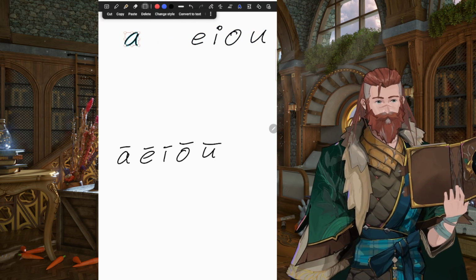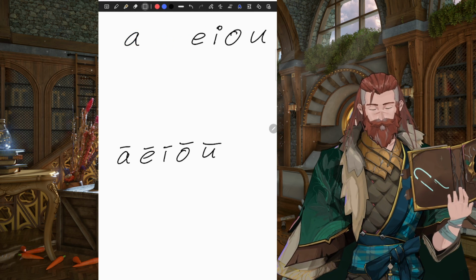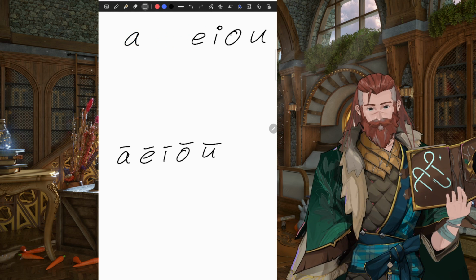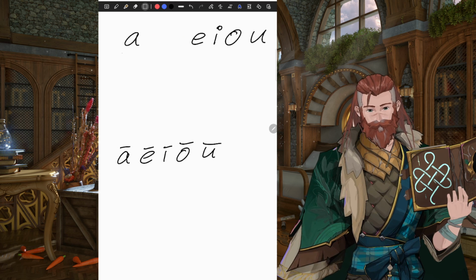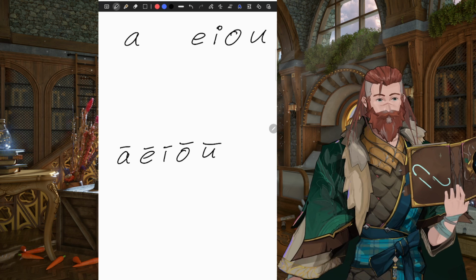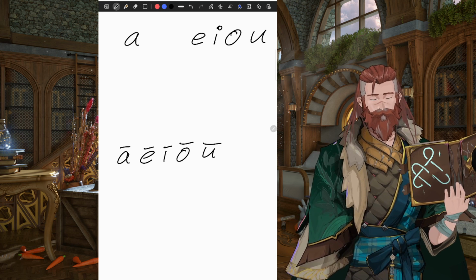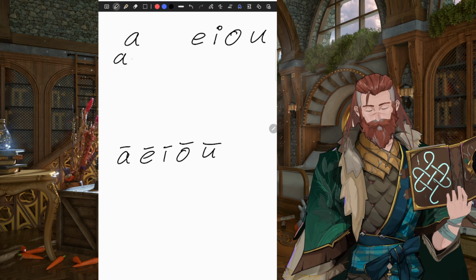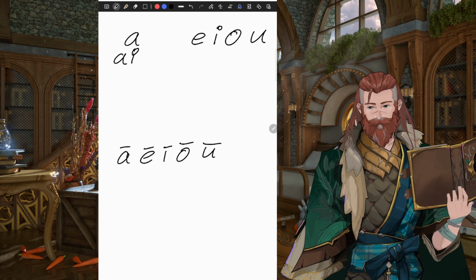For your ah sound, you can also have AI.